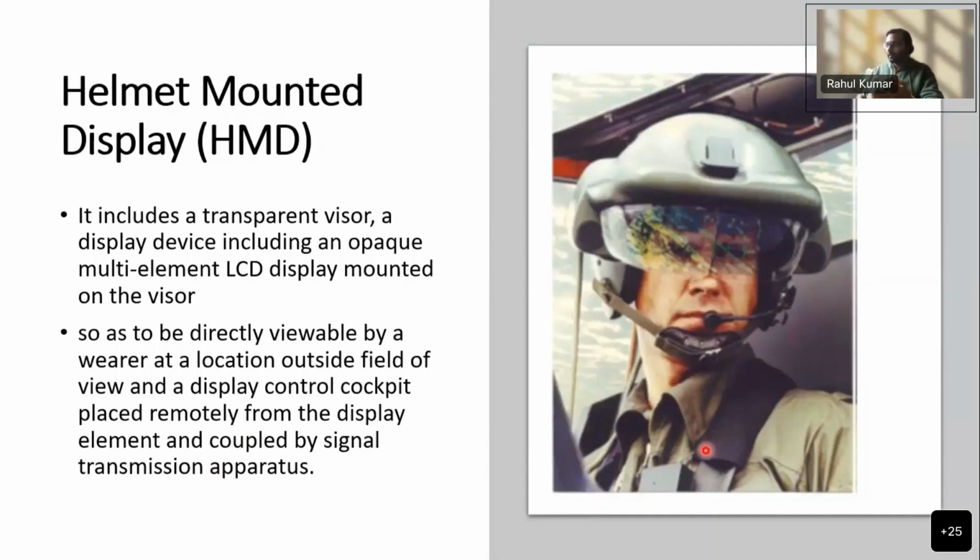Similar to the heads up display, the helmet mounted display is used to display the key information in front of the pilot, in the line of sight of the pilot.